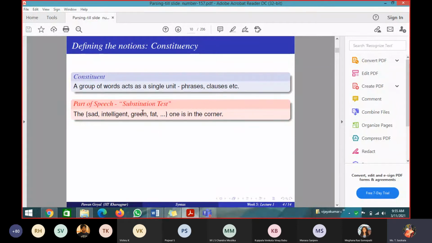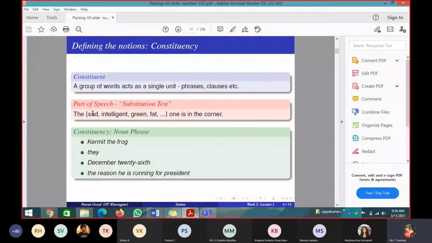Okay, so why am I giving this substitution test? What comes after what? What are these words, this set of words here? These are all a set of words belonging to the same class. See, this is some dash: the dash one is in the corner. This means I can fill it with any of these words, right?